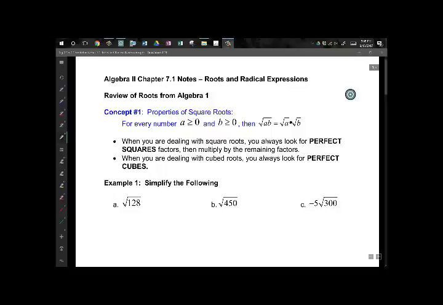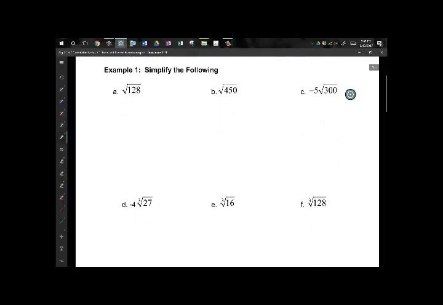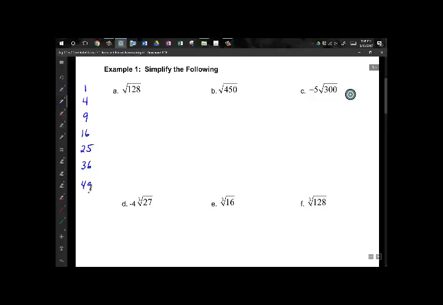And yesterday we talked about breaking up a square root into a perfect square and then what was left over. Let's just review that idea a little bit here down in the first section. For example, the square root of 128. The perfect squares, as a review, are 1 squared is 1, 2 squared is 4, 3 squared is 9, 4 squared 16, 25, 36, 49, 64, 81, and 100.